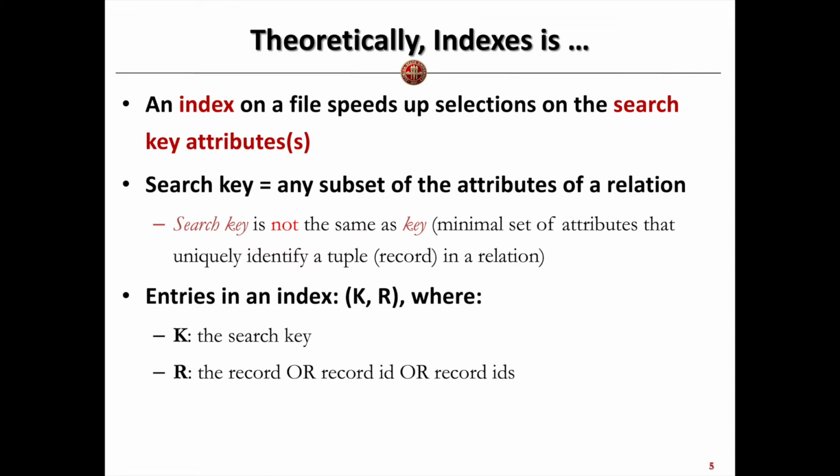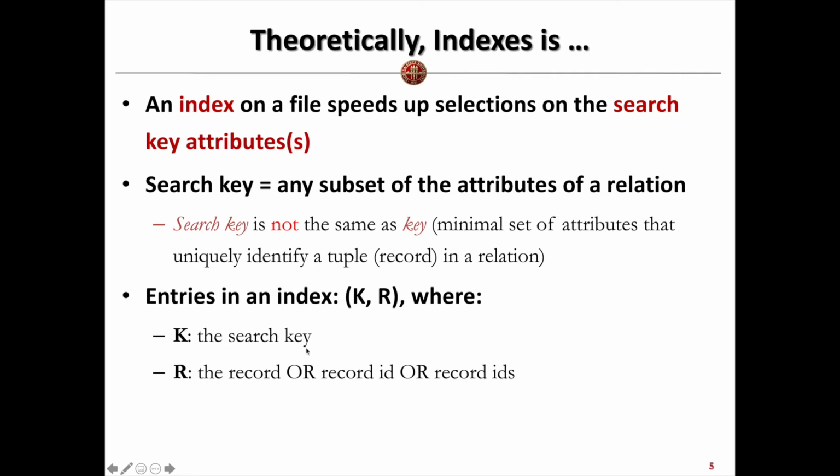So from a given search key, we can return a bunch of records matching the search keys. Therefore, the entries in an index table can be represented as a tuple with both the search key as well as the records matching the search key. The header K denotes the search key. It is any subset of attributes of a relation. This R denotes the record, or the record ID or IDs, matching the search keys.